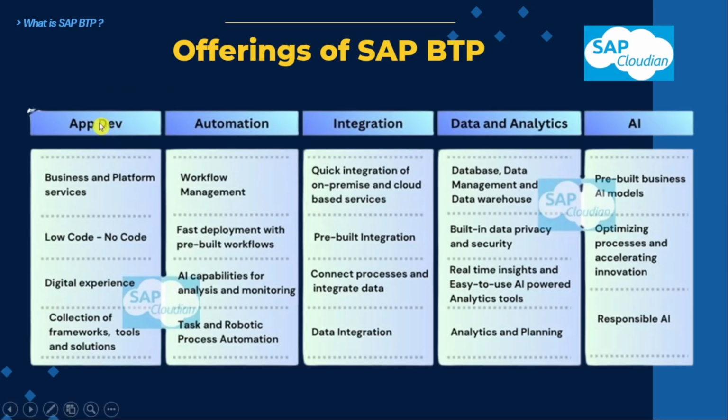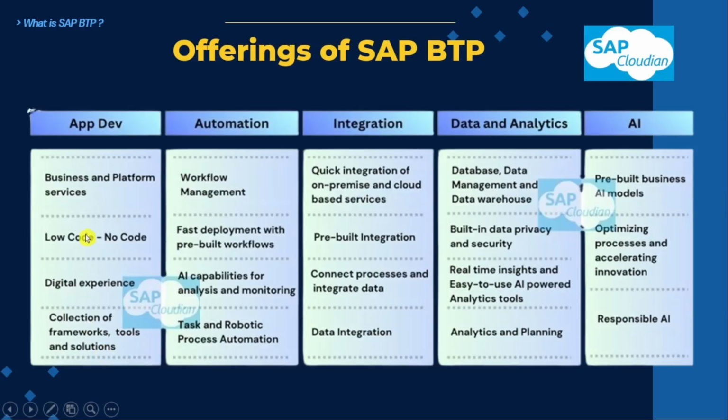SAP BTP offers a lot of capabilities for application development, automation, integration, data and analytics, and artificial intelligence. Let's know each one of the offerings at high level. First is the application development. Application development is nothing but a briefcase of frameworks, tools, and solutions that eases the software development of custom applications and extensions for specific business purposes.